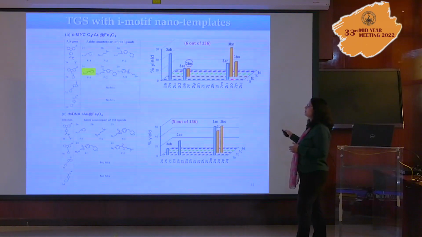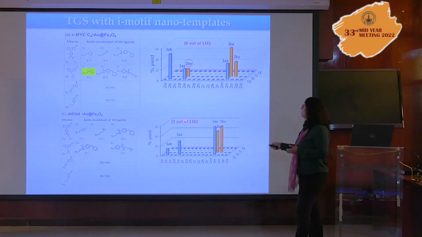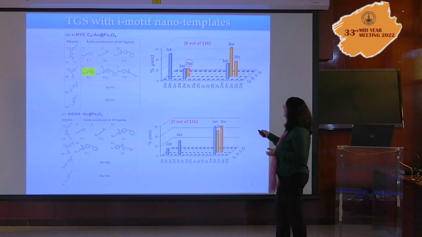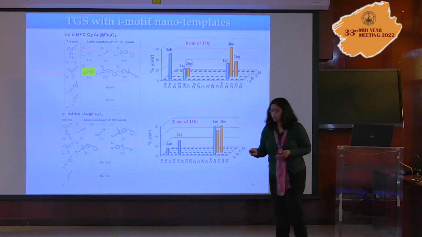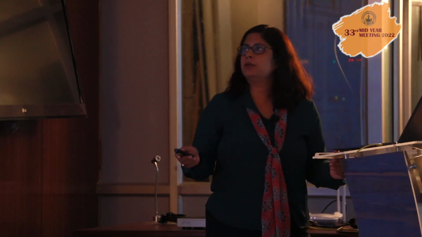By using HPLC and mass spectrometry, we could identify 6 different compounds formed with the c-MYC i-motif as the nanotemplate, and only 5 compounds were obtained with the control duplex DNA. The product selectively obtained by the c-MYC i-motif and not by the duplex DNA was considered a selective lead for the c-MYC i-motif.